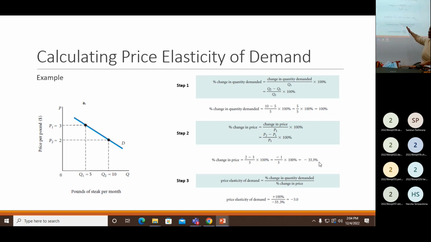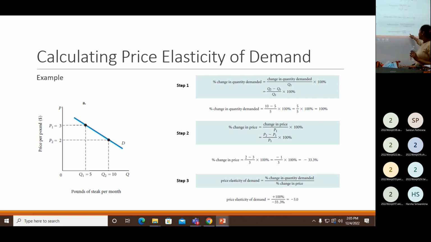Substitute those values into the PED formula: plus 100 divided by minus 33.3. Remember, there's a negative relationship between price and quantity demanded. So your final value comes to minus 3. So the PED value is minus 3.